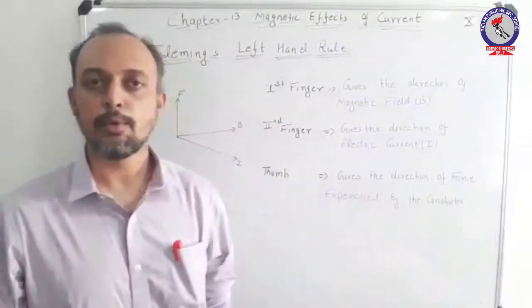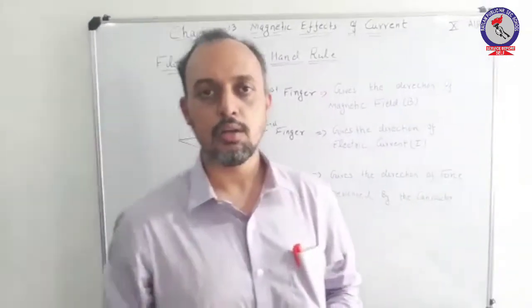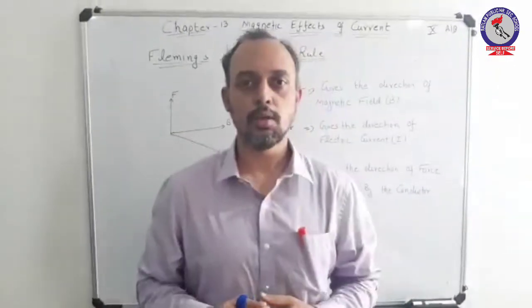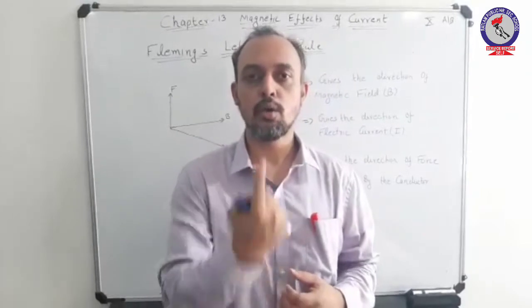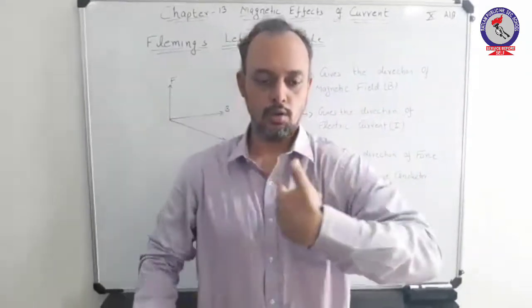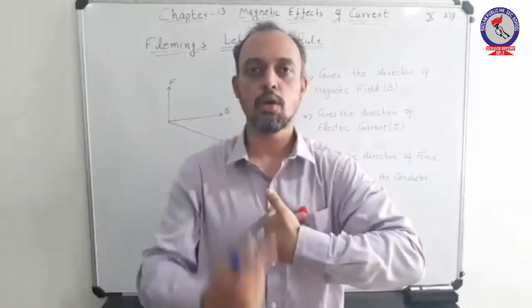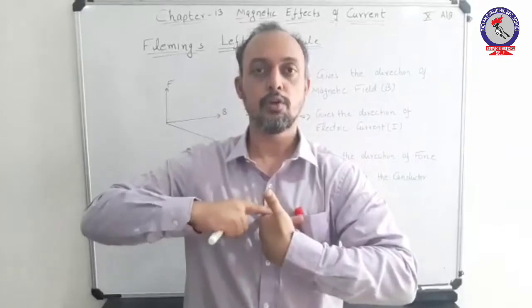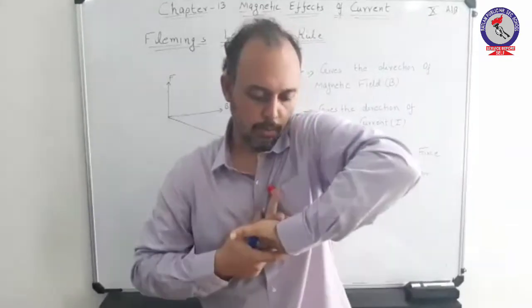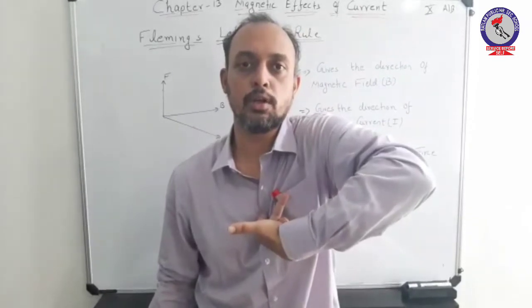Now let us demonstrate this relation. Let us suppose that the field is going inside me and the current is going upwards. So I'll point the first finger towards me. As I said, the current is going upward. Keeping this first finger towards me, I will point the central finger or the second finger in the upward direction.